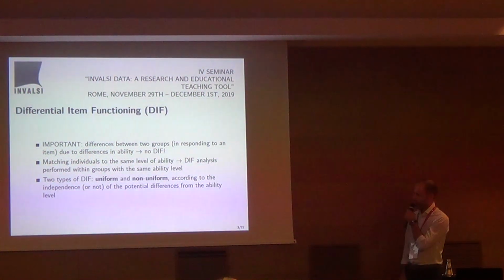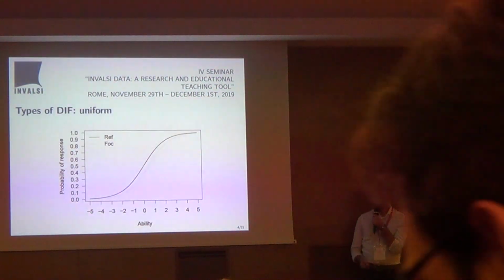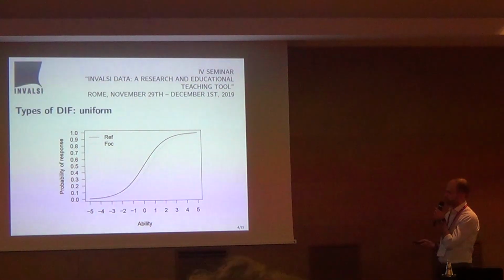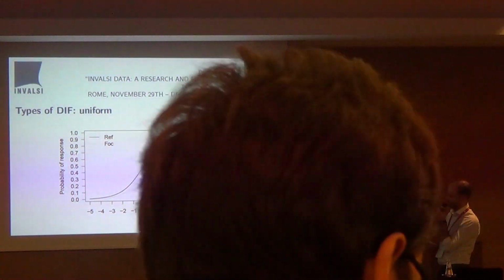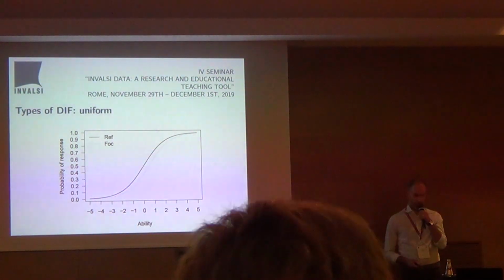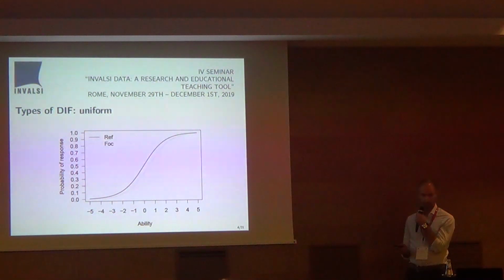We can have two types of DIF, uniform and non-uniform, according to the dependence of the differences on the ability level. This is an example of uniform DIF. This is the conditional response function as a function of the ability, and as you can see, in the uniform DIF one curve is always above the other, regardless of the level of ability.